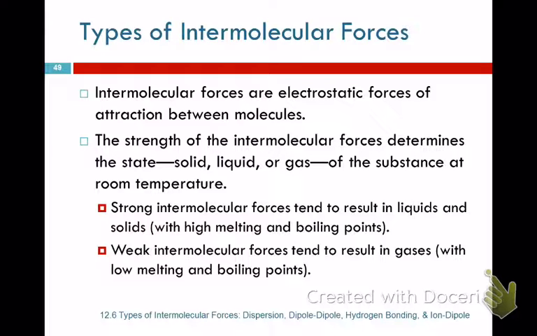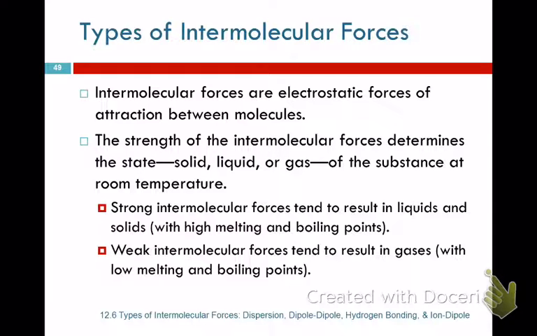If the intermolecular forces are weak, then they tend to be gases. So when you look at the noble gases, these are all monatomic. They're not polar, because you can't be polar if you're monatomic. To be polar, you have to have two things bonded together.